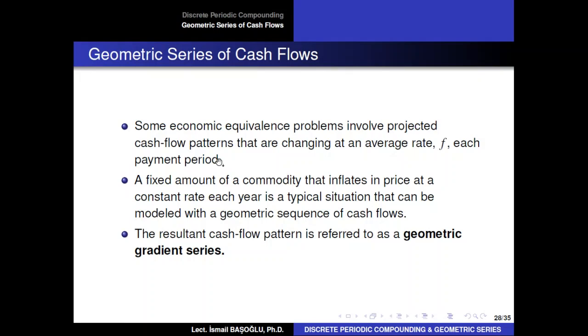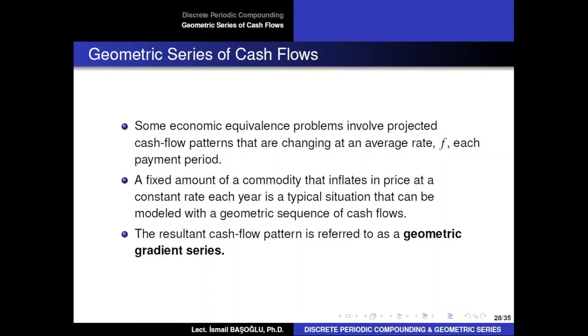Remember, in the uniform series, at the end of every payment period, we are observing a constant amount of cash flow, which was denoted by A. In gradient series, if you remember, there is a linearly increasing or linearly decreasing cash flow size.